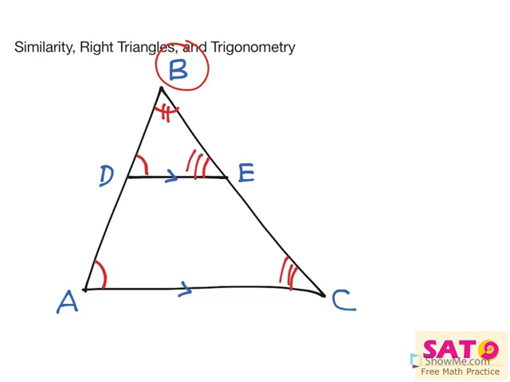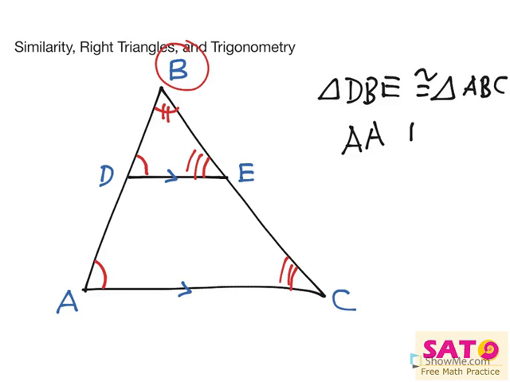So we can say that triangle DBE is similar to triangle ABC, and that's because of the AA theorem.